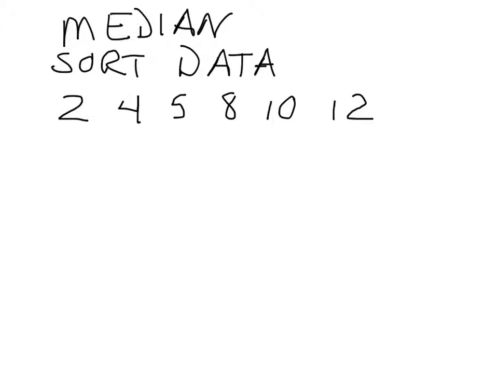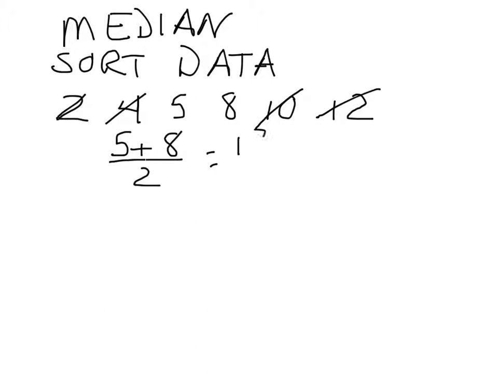Now, when you have a small set, you'll cross out the first one and cross out the last one. Then you'll move in and cross out the second and the second to last. All right, in this case, you have 2 values left over. So to get the median, you're going to take 5 plus 8 over 2.